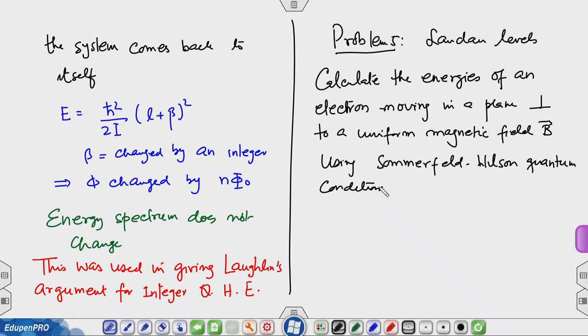So, this is again coming from a semi-classical theory to calculate the energy of an electron moving in a uniform magnetic field.